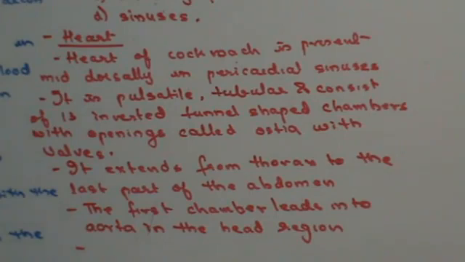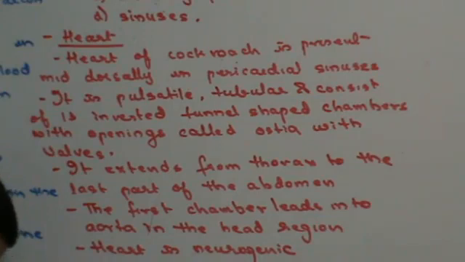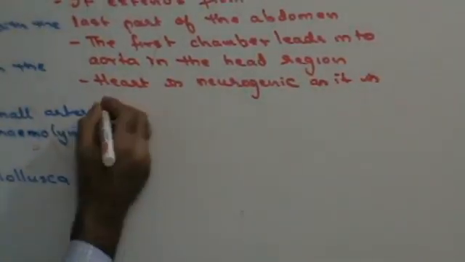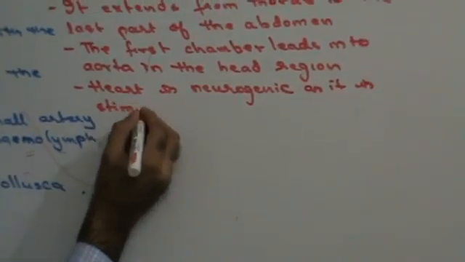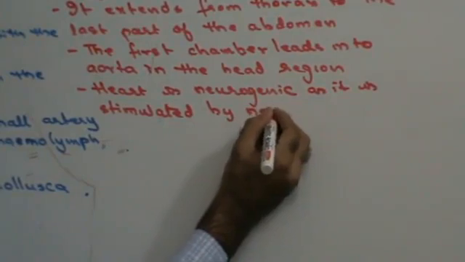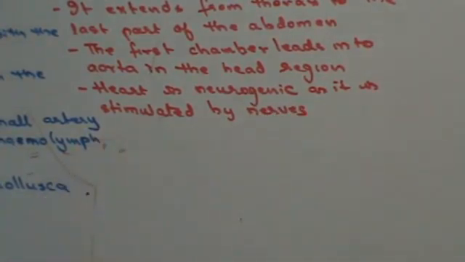The heart is neurogenic, as it is stimulated by nerves. So that's about the heart.